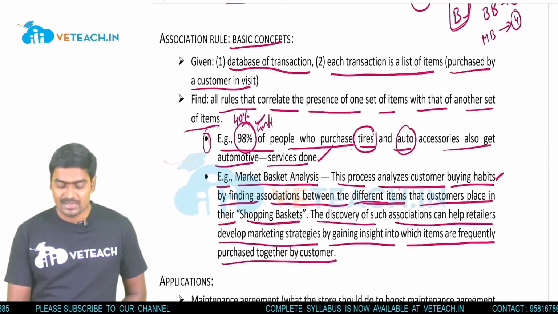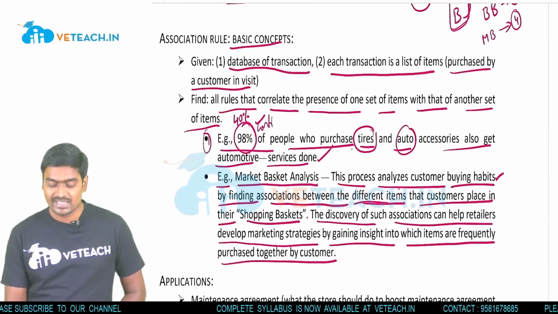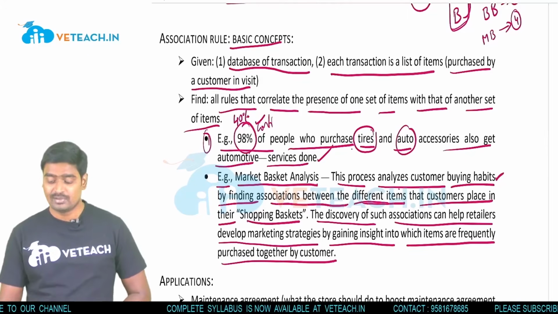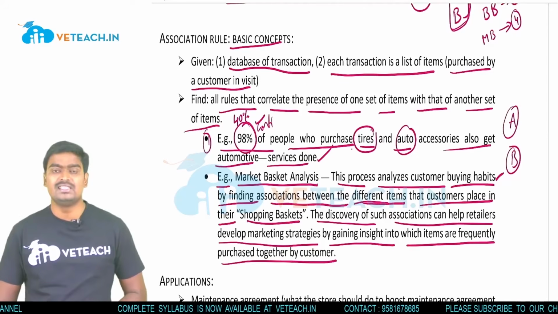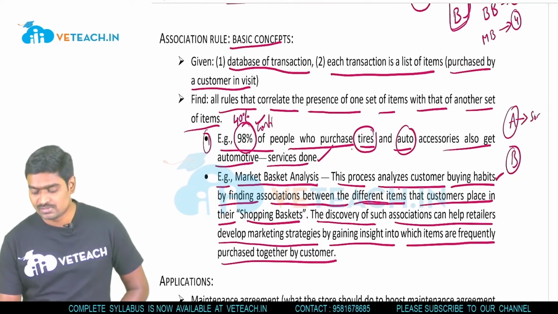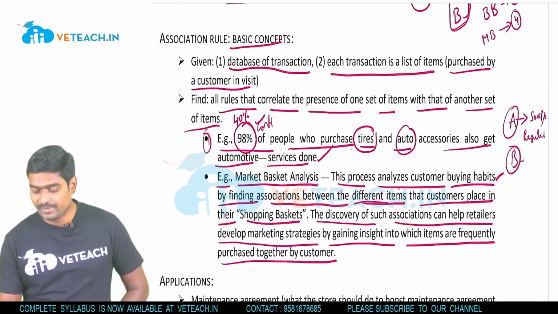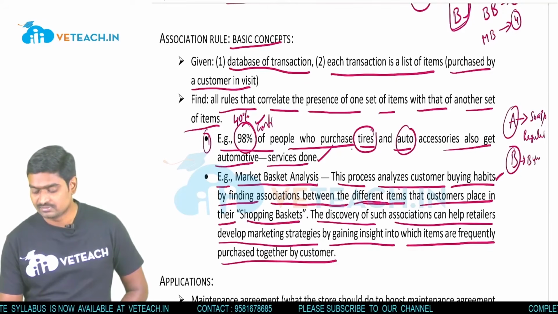Here in market basket analysis, the process analyzes customer buying habits. What are buying habits? For example, I can take two customers, A and B. A buys only soaps regularly. B buys only biscuits.